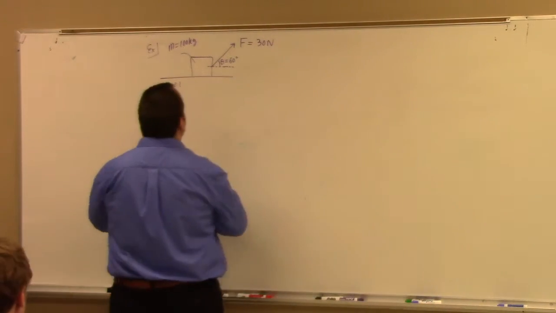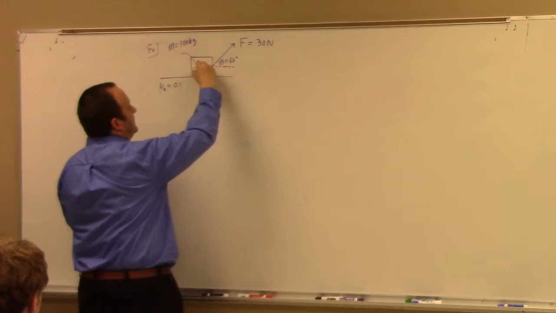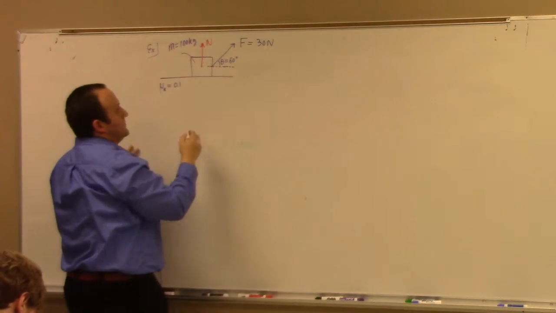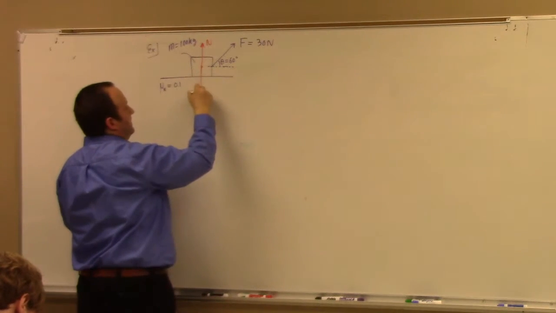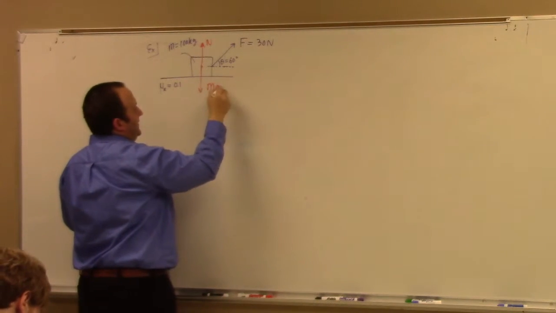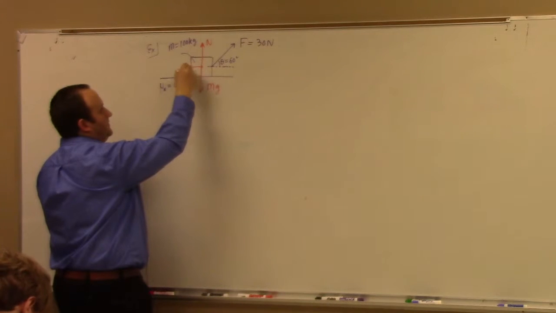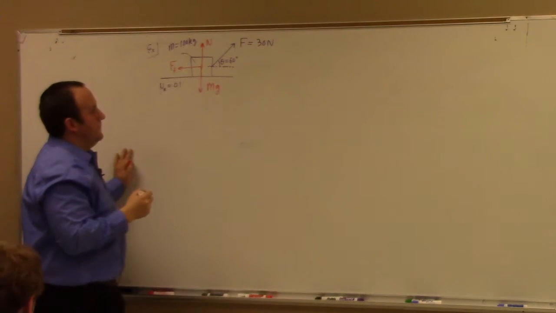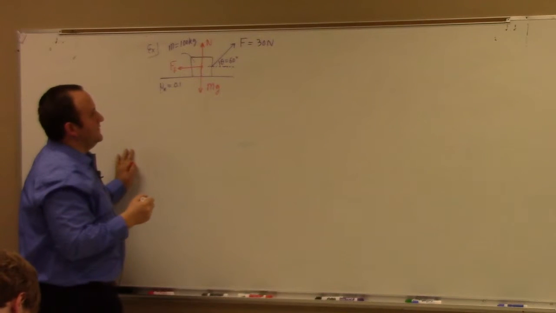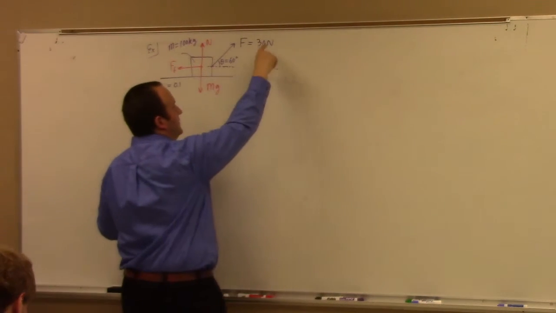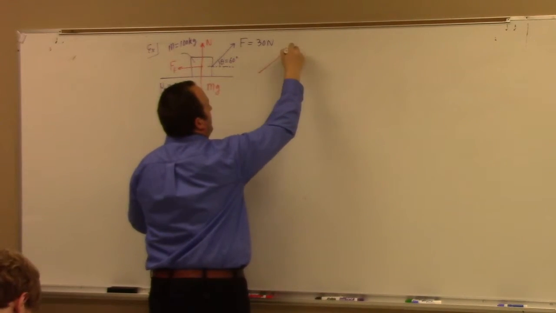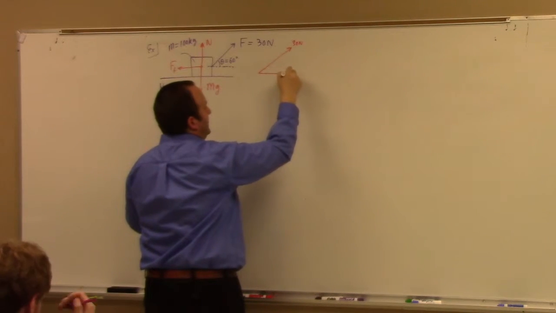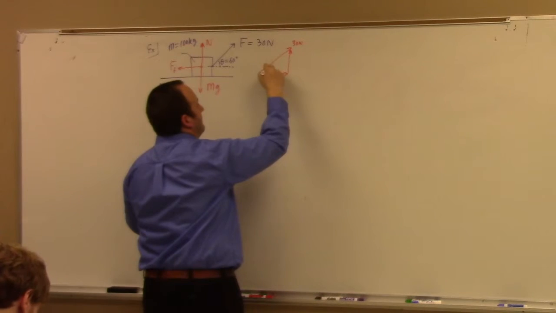Okay, so here we go. We've got the normal force like that. We've got mg like that. And we've got the force of friction like so. But now, the fun part is that this force has to be broken into components, right? So you got 30 newtons, but there's a horizontal piece and there's a vertical piece. And what are those?